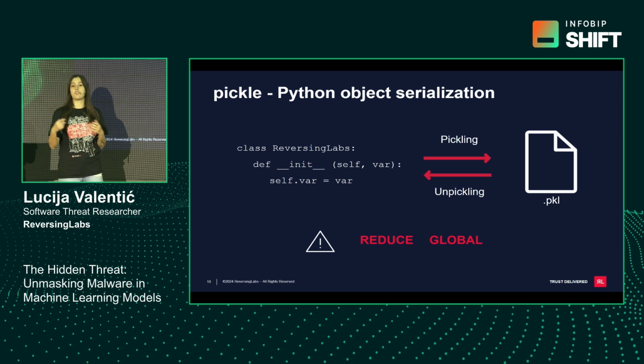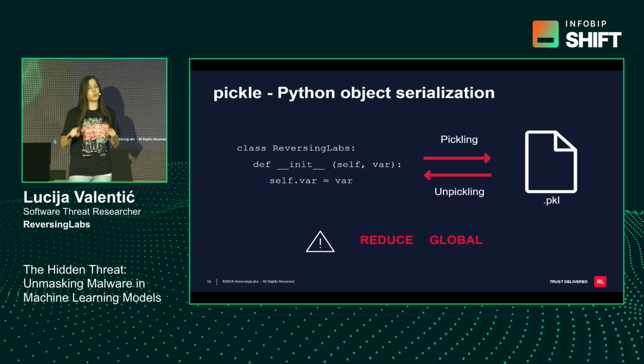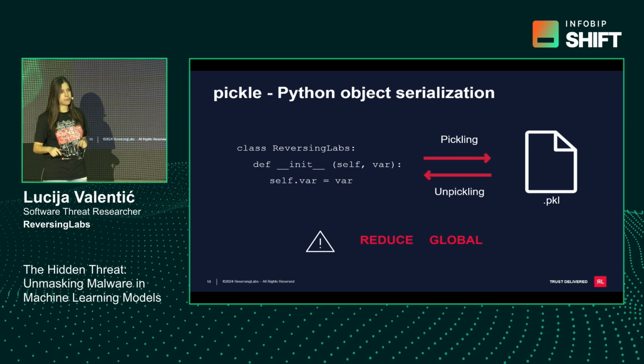And in the process of unpickling, a binary stream is taken and turned into a Python object hierarchy. Of course, the pickle module offers various functions to do various things with pickle. It also offers ways to customize parts of it, and that will be important later.